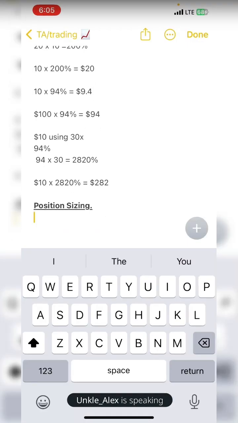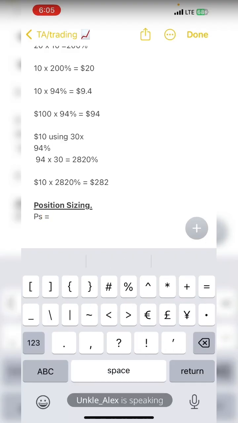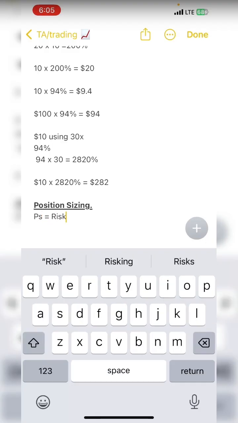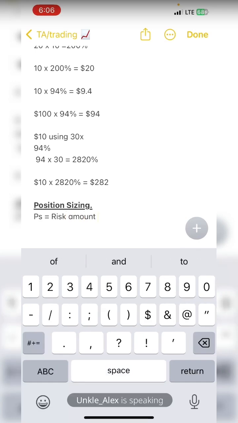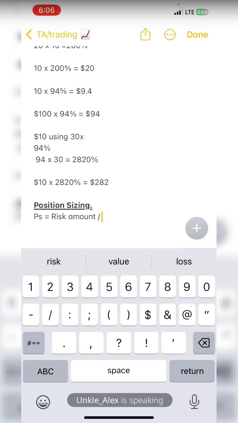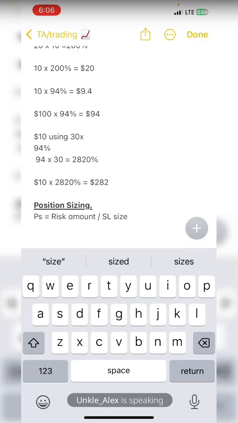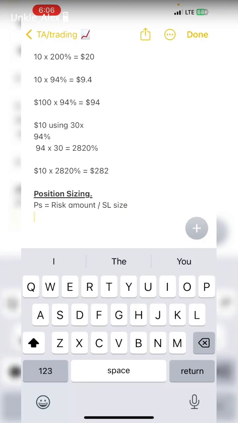The formula for position sizing is PS, which is position sizing, equals risk amount divided by SL size. This is the formula for position sizing: risk amount divided by stop loss size.